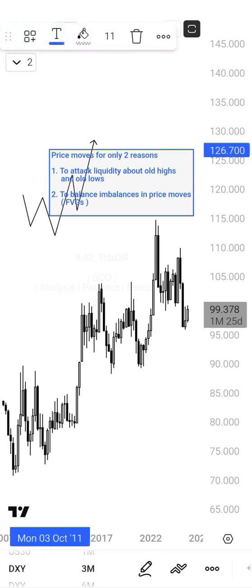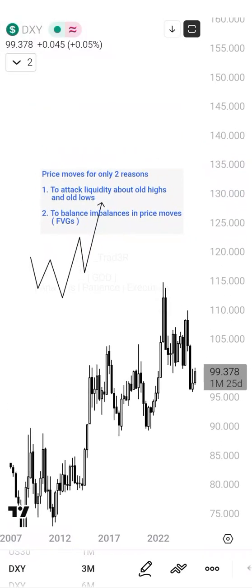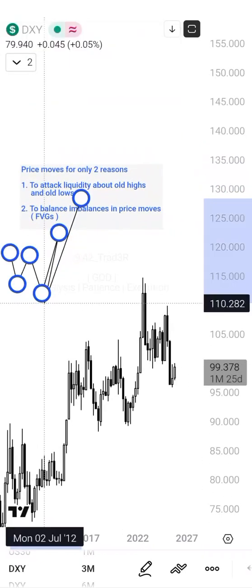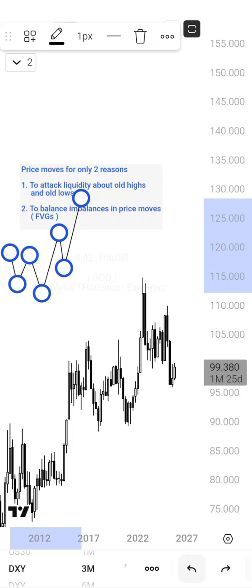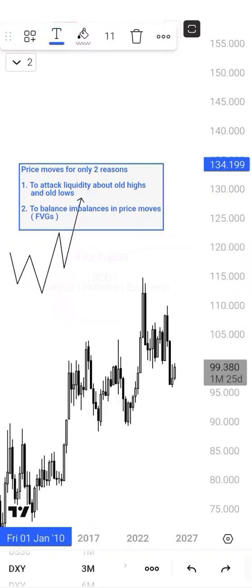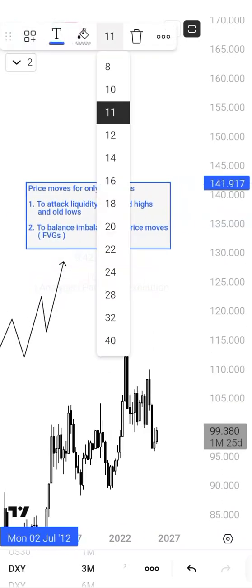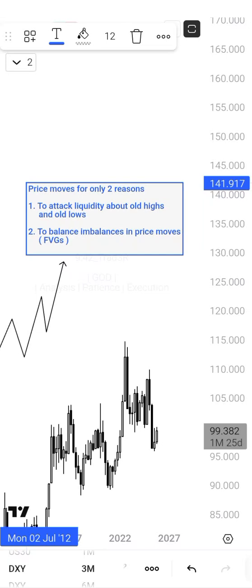So these are the reasons price moves. These are the only two reasons price moves. So price will only move to do what?